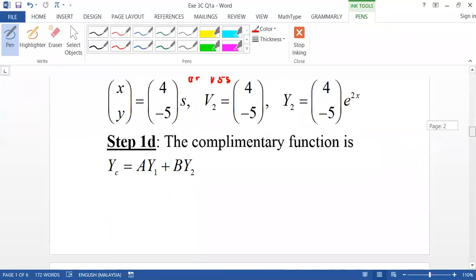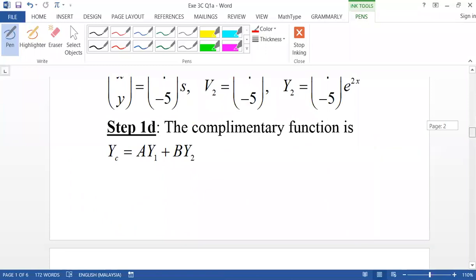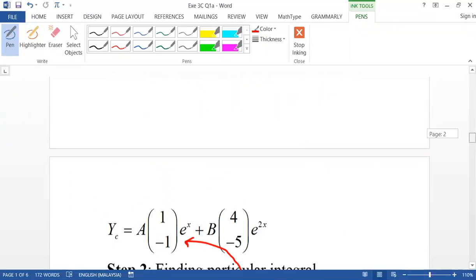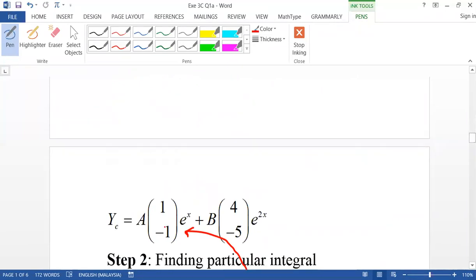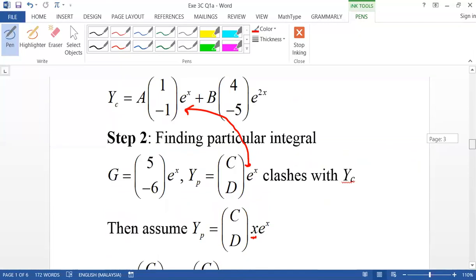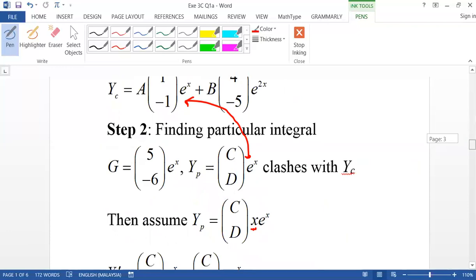Then after you get V1 and V2, the complementary function Yc is A V1 exponent lambda 1, which is 1, so exponent 1x, plus B V2 exponent lambda 2, which is 2, so exponent 2x. Okay, step 2, you're finding the particular integral.